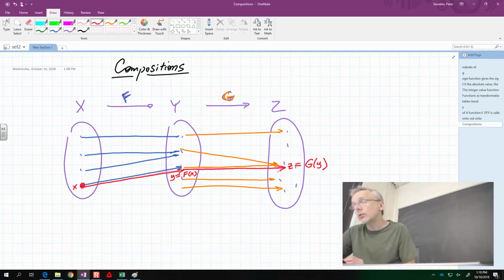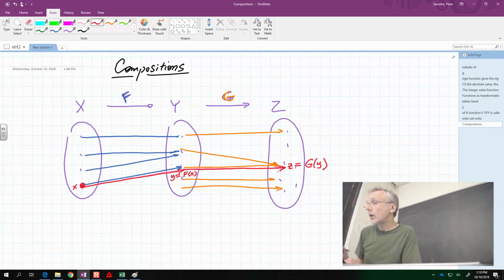So I need to know where my x will end up in z. I have to find y first and make a stop there in order to know where to proceed from there. So it's like you will receive instructions at your halfway destination, and then you'll know your final destination.